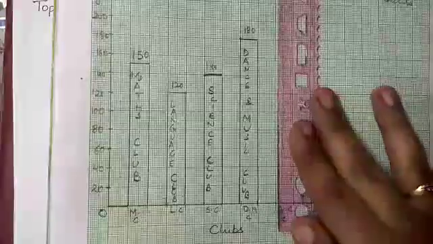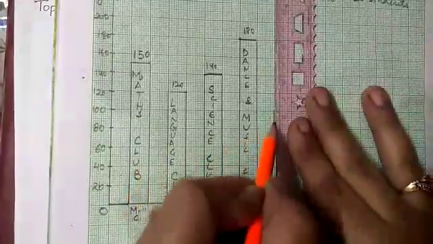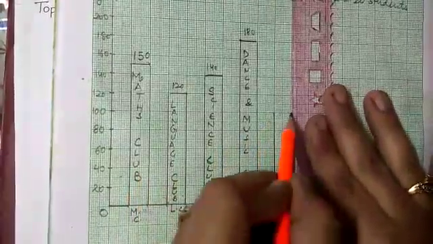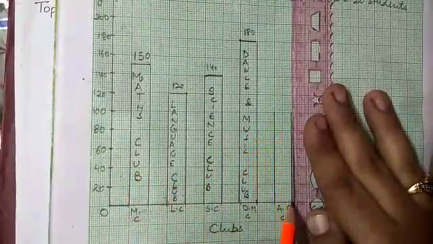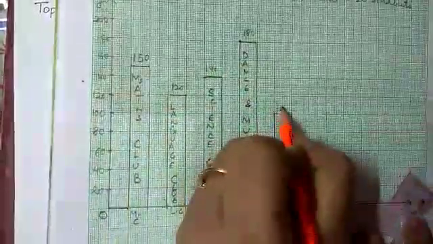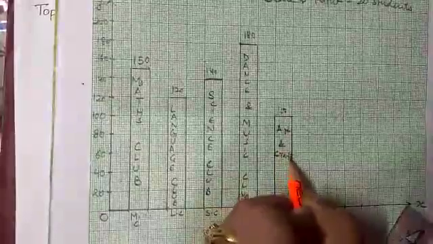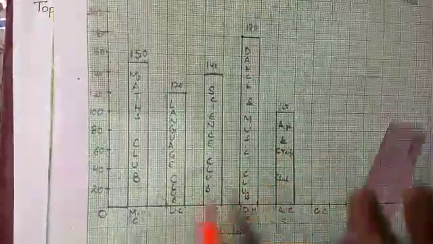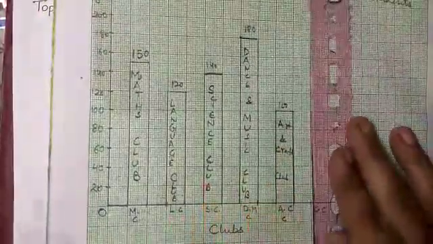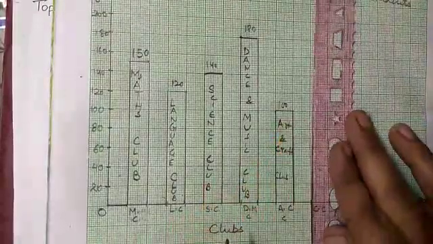Now art and craft is showing 100. This is 100, art and craft club. You can leave out writing club also here. It's sufficient to write the names only.